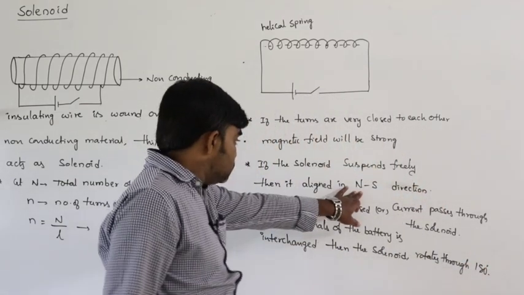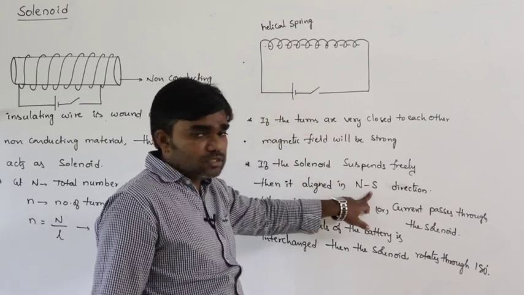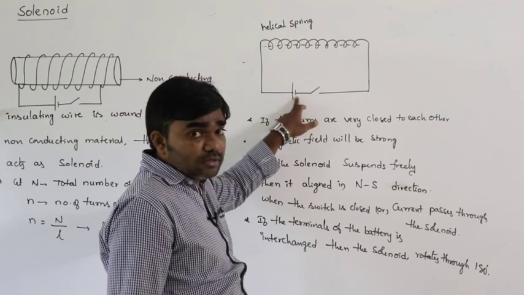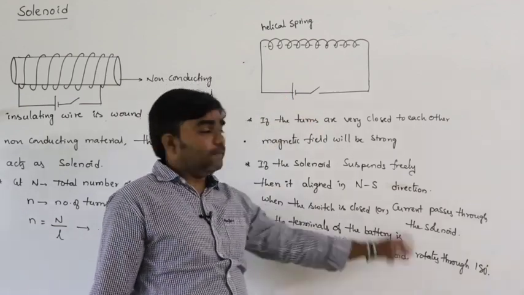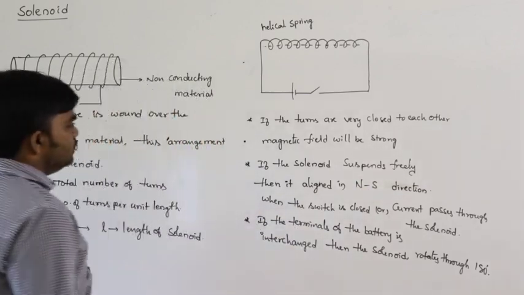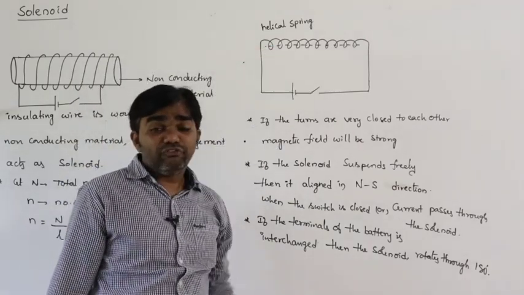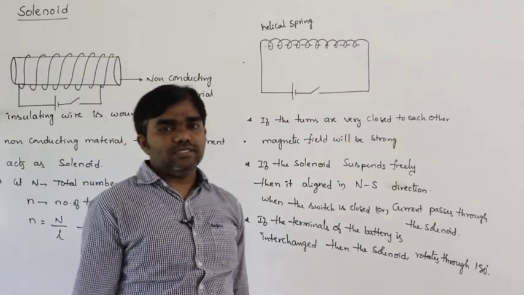So from this position, with the positive terminal and negative terminal, it is in the north-south direction. If the terminals are exchanged, it rotates through 180 degrees. So simply saying, the freely suspended solenoid acts as a bar magnet.